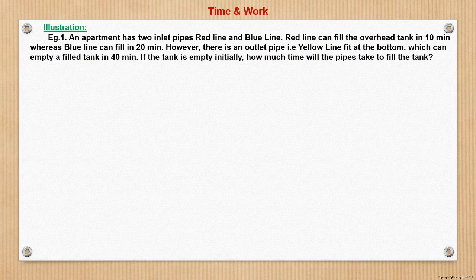So let us see here. Question 1 says, an apartment has two inlet pipes, red line and blue line. Red line can fill the overhead tank in 10 minutes, whereas blue line can fill it in 20 minutes.